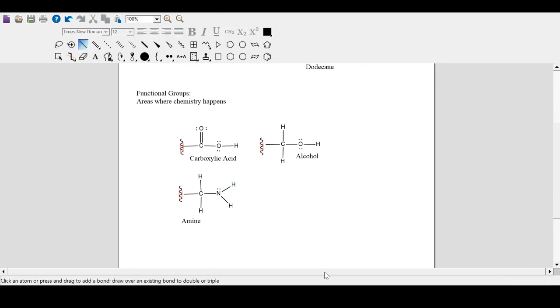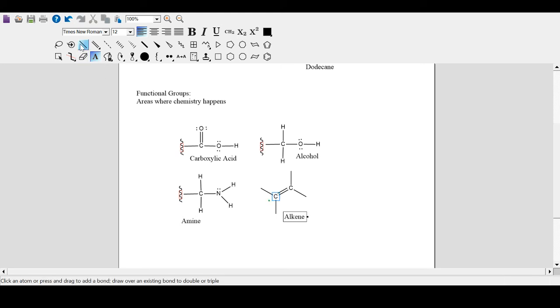And then lastly, if you have two carbons bound to each other with a double bond like this, then that is a molecule called an alkene.